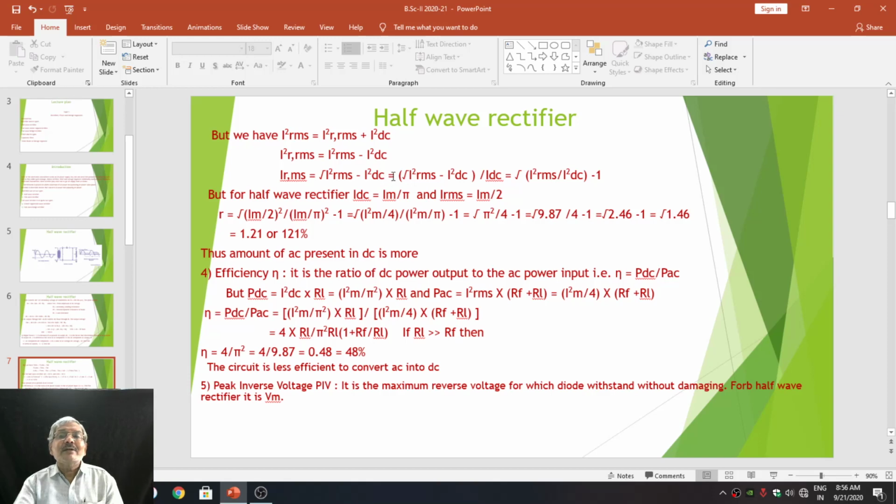That is, the ripple factor is also given by square root of I square RMS minus I square DC upon IDC, because this is the ripple factor.